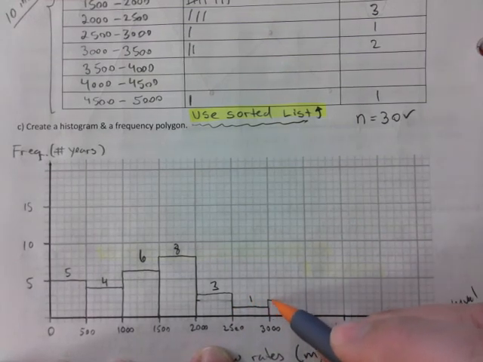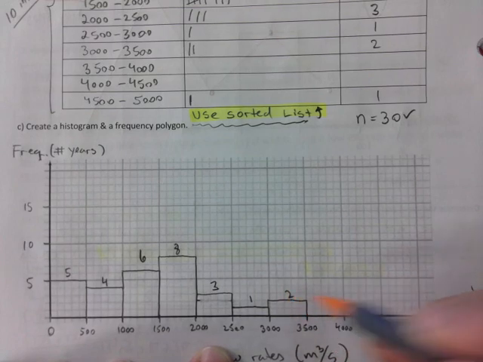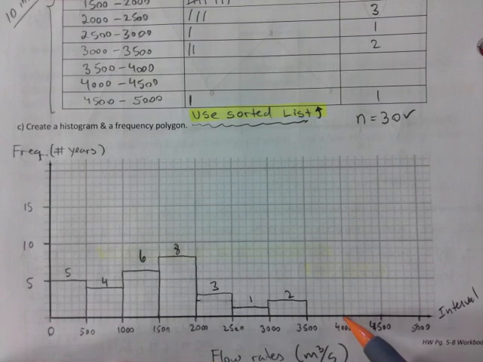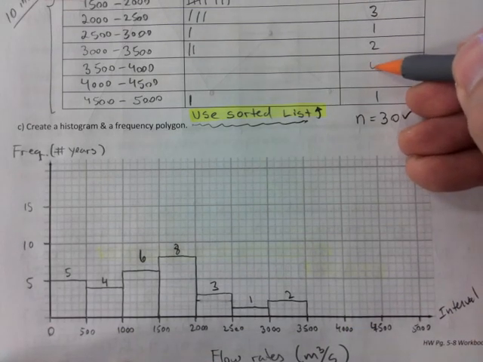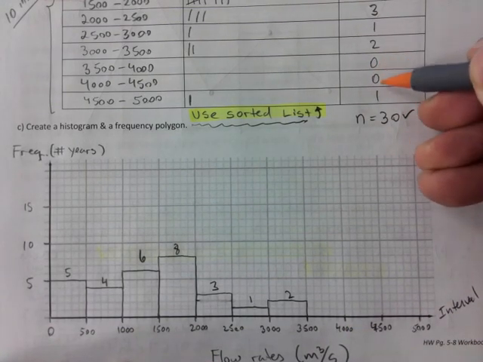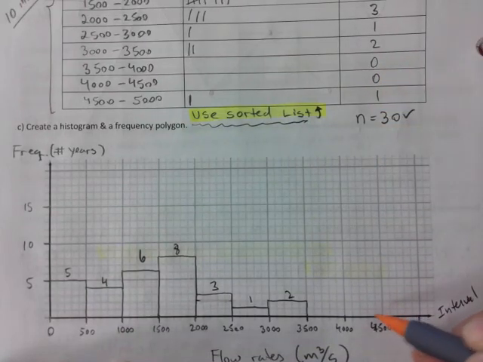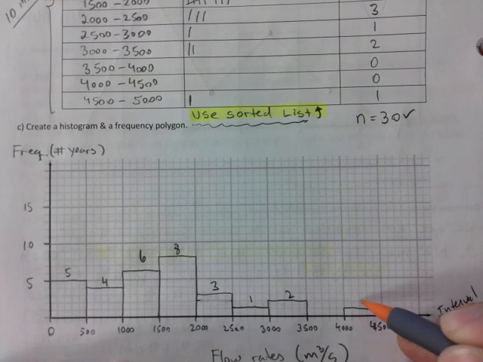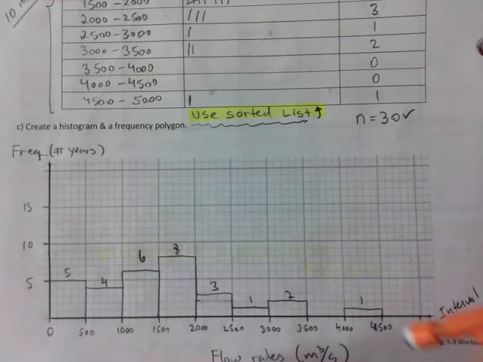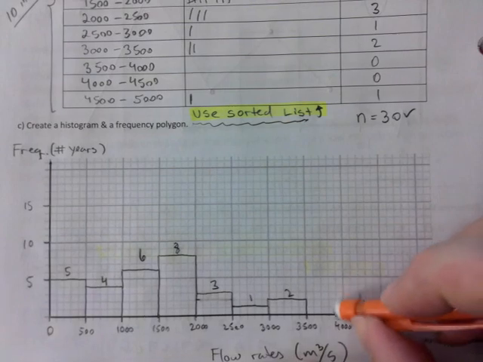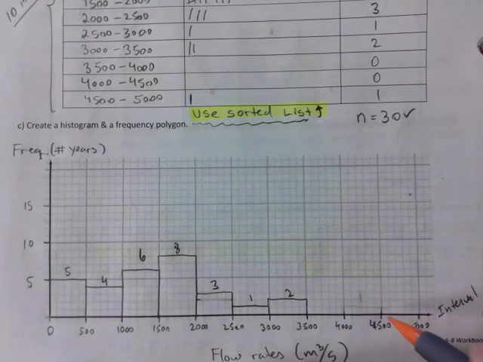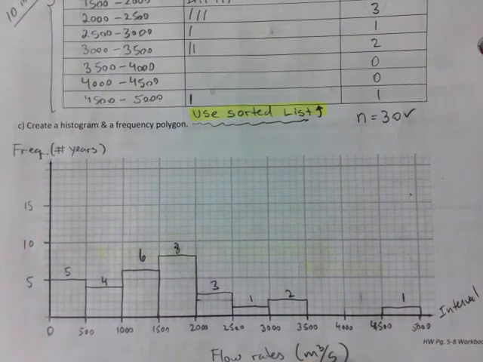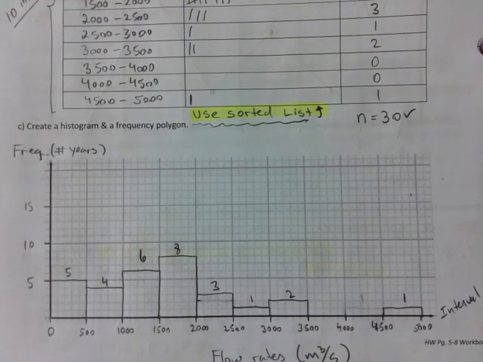And 2. And then there's nothing, right? 3,500 to 4,000, nothing. So I guess I could put zeros down here on my frequency table. But then I have 1 year where I had a really high flow rate. Oops, wrong year. Because there are 2 brackets where there's nothing. It's the last one here. 1. That's my histogram.